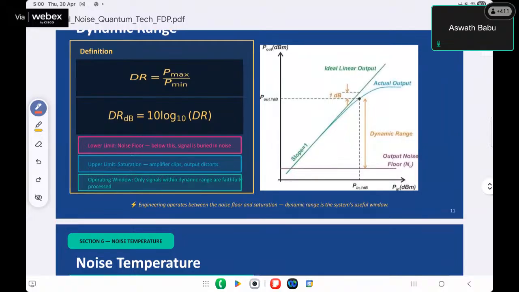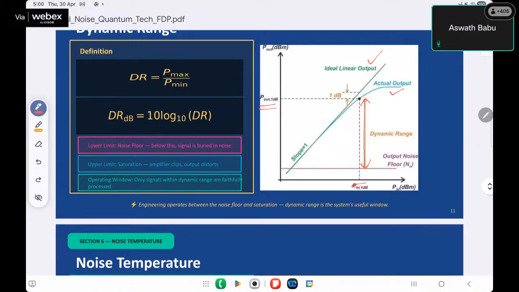I have a regular example taken from one of the sources, which is put as a reference at the end. Here you see, ideally, what is there? The ideal output, the actual output is this, and the dynamic range where we can work. This is the dynamic range in terms of power out versus power in.